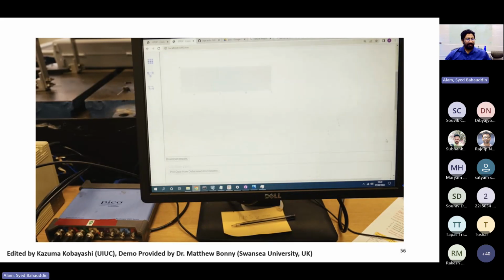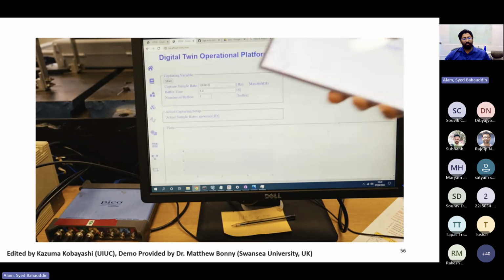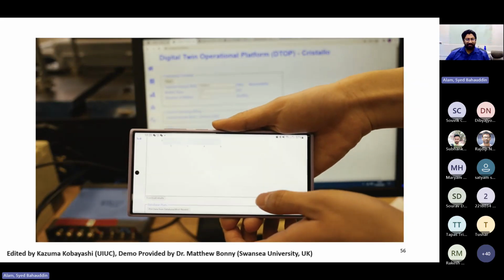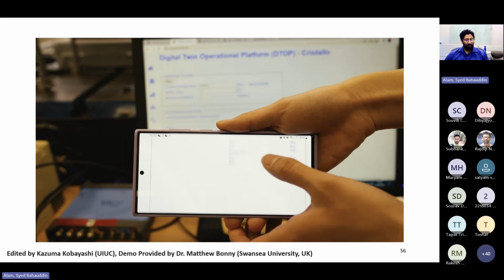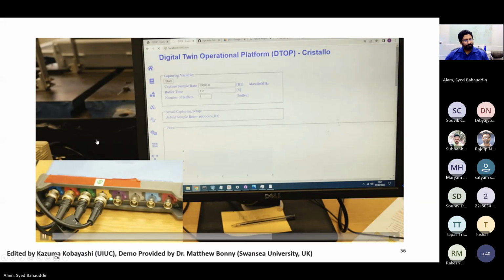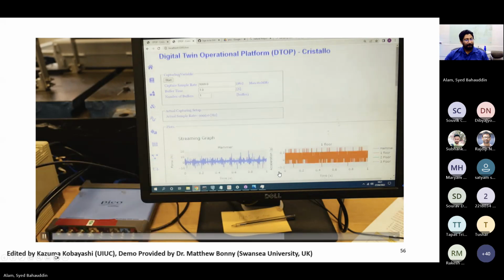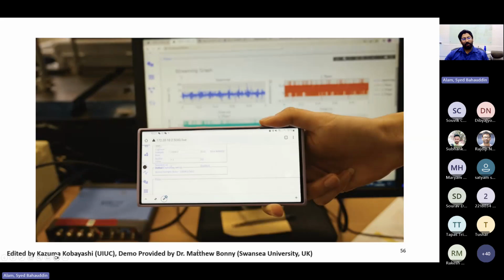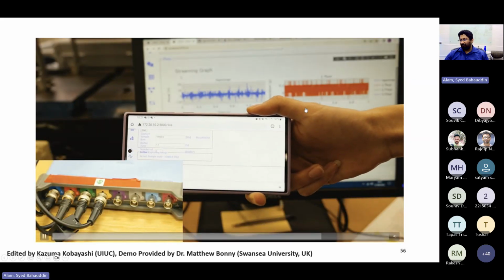We are just trying to see how he did it, and we want to modify that for energy systems, or the mock-up systems that we are developing. Hopefully that will be online in a couple of months if things go well. This is development by Dr. Matthew Boni, Swansea. If you have more questions about that, feel free to reach out to him.